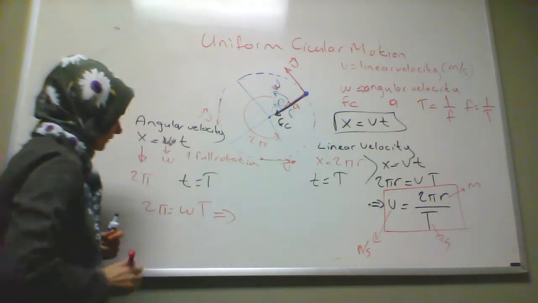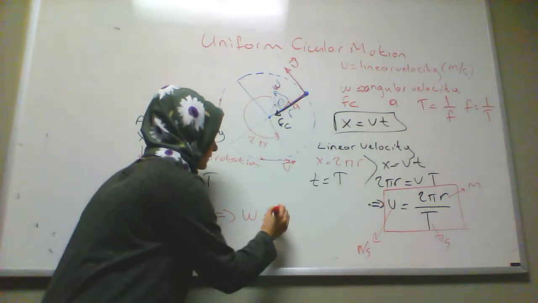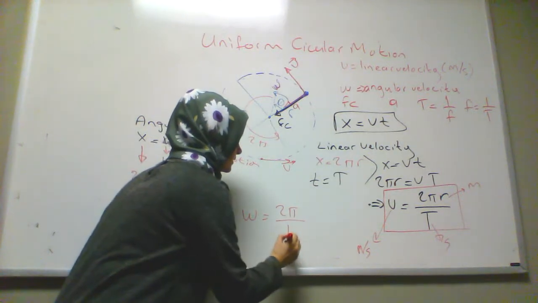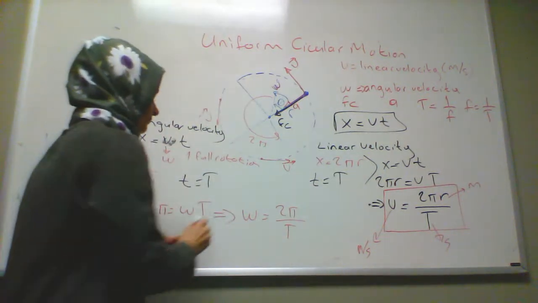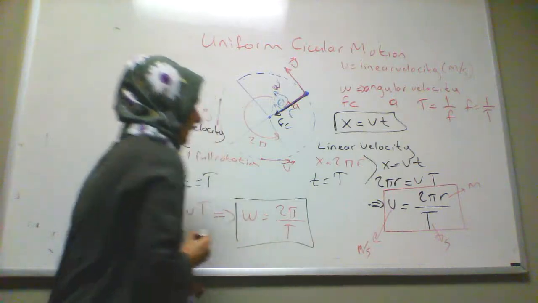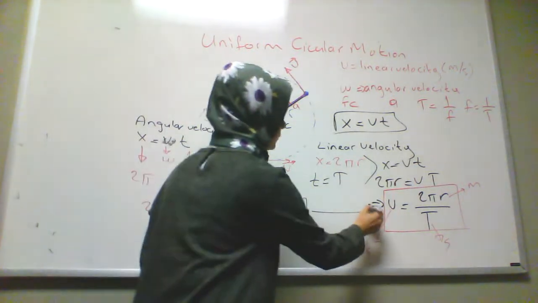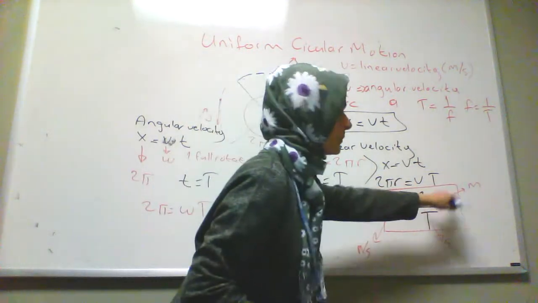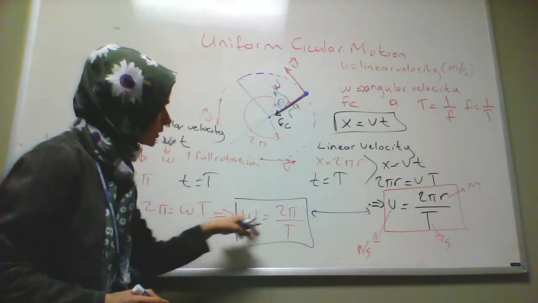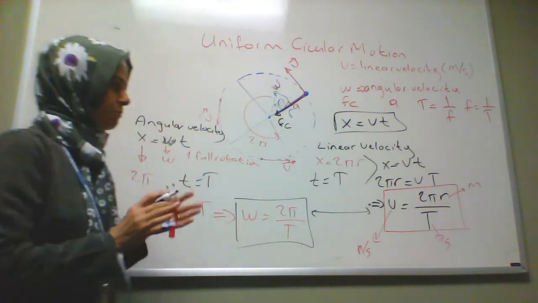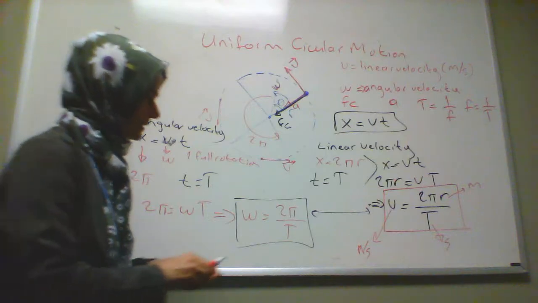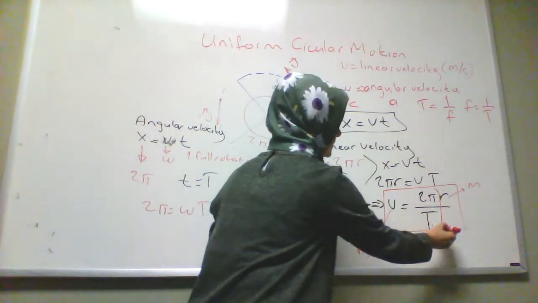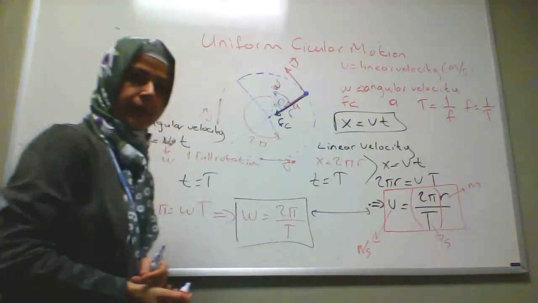And from here, I can define the value of omega as 2 pi over T. So we see here, v is equal to 2 pi over T times r, and omega is equal to 2 pi over T. Immediately what to see is that this value here is equal to omega.